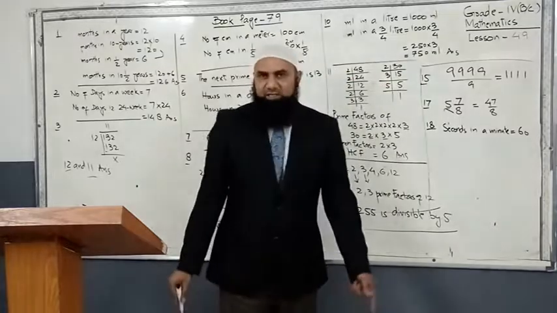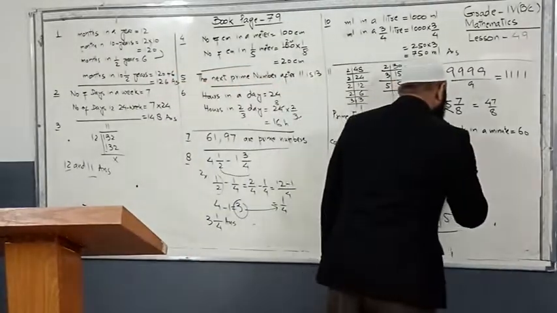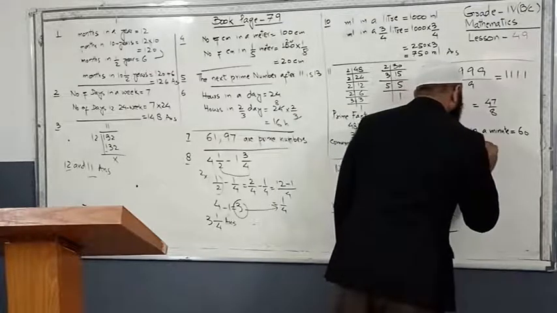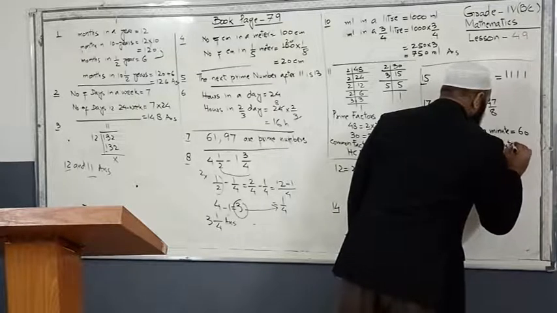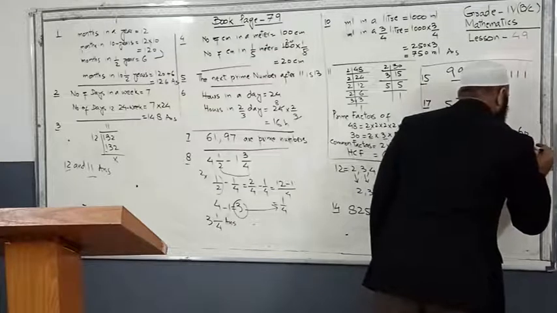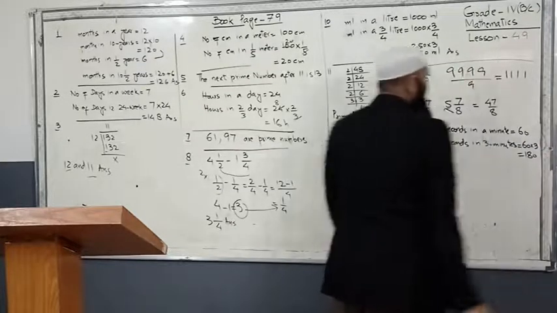How many seconds in 3 minutes and half a minute? Seconds in 3 minutes are 60 multiplied by 3, equal to 180 seconds.